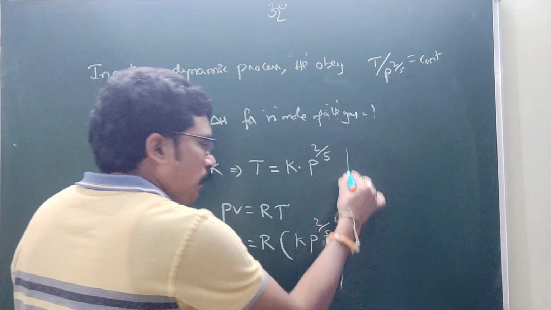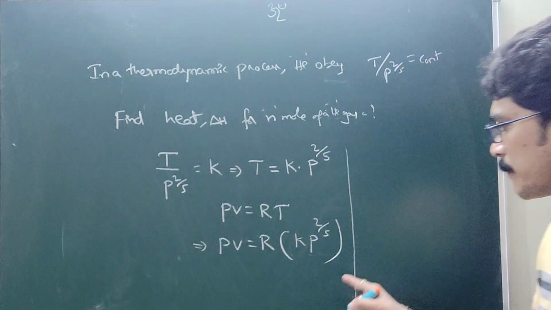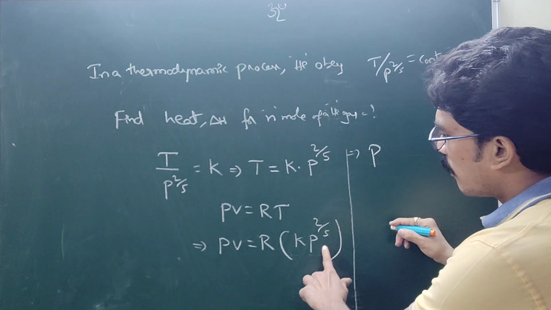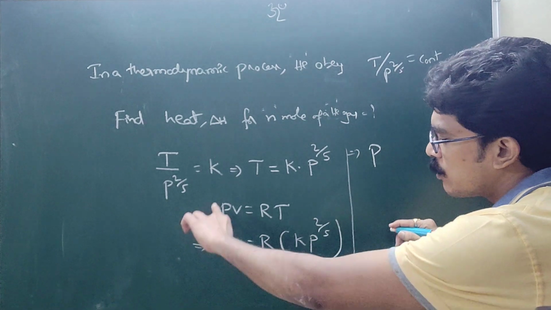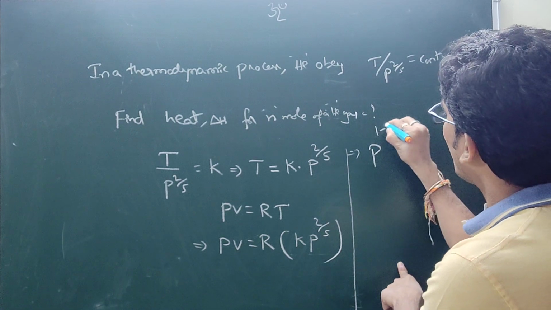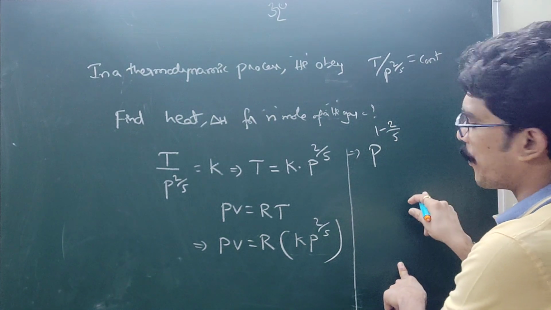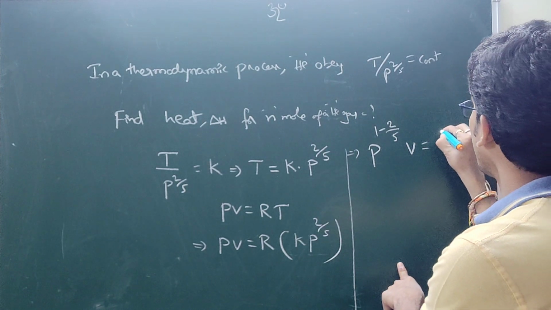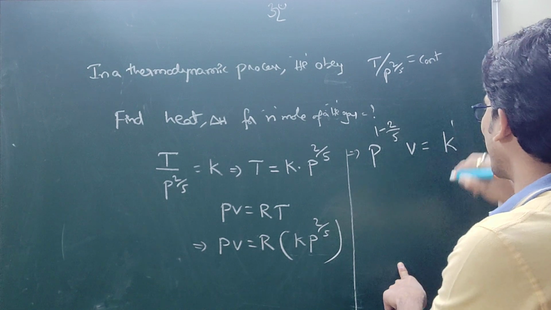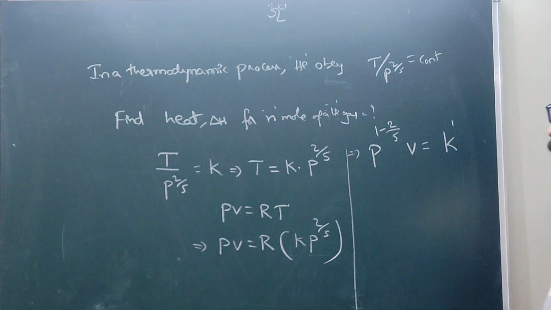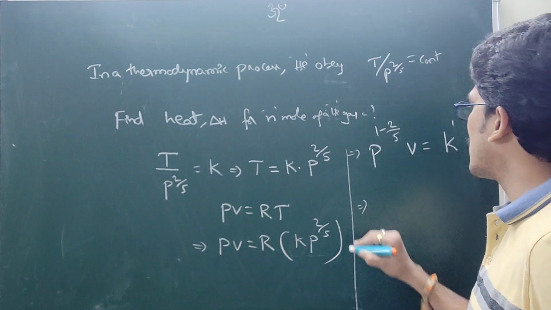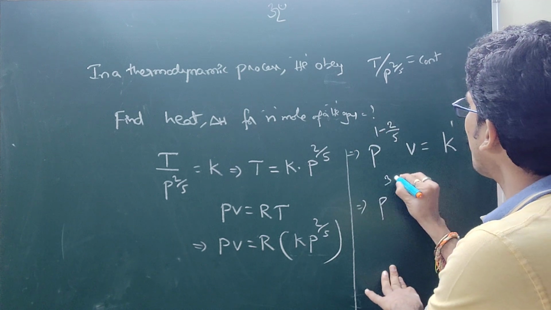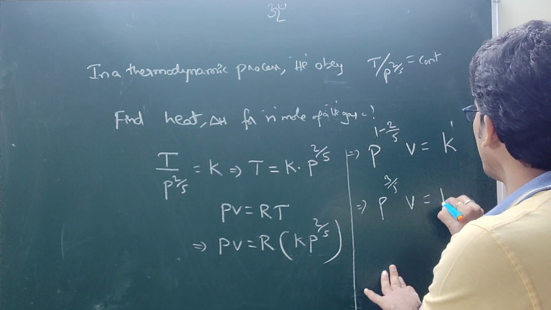So P power 1 minus 2 by 5 into V is equal to some constant, which is P power 3 by 5 into V is equal to constant.